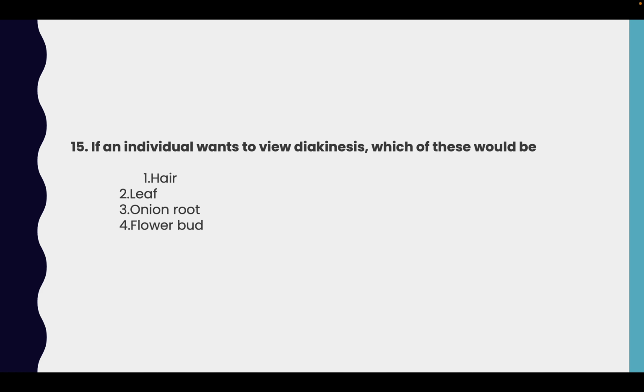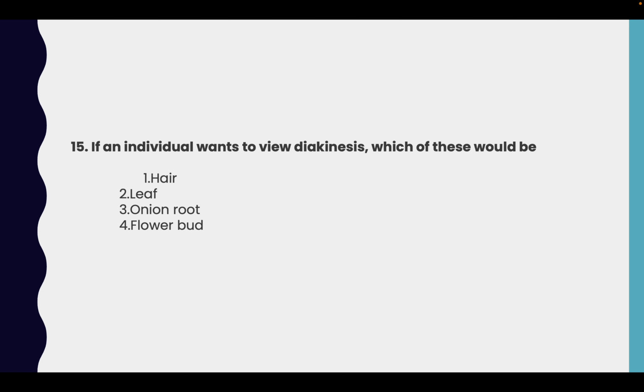If we want to see any of the mitotic phases, then which of these would you choose? Diakinesis is a phase in meiosis, right? And if you want to observe any of the mitotic phases, which will you choose?